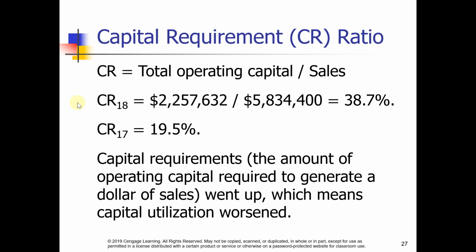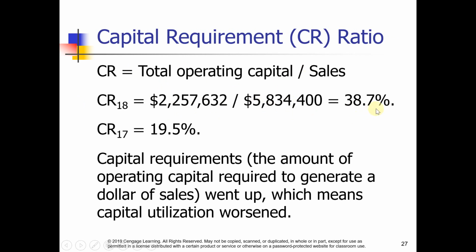The second one asks how much capital you needed to generate a dollar of sales. This is the capital requirement ratio. In 2018, the total operating capital, both working capital and fixed assets, was 2.2 million divided by sales of 5.8 million, so 38.7%.